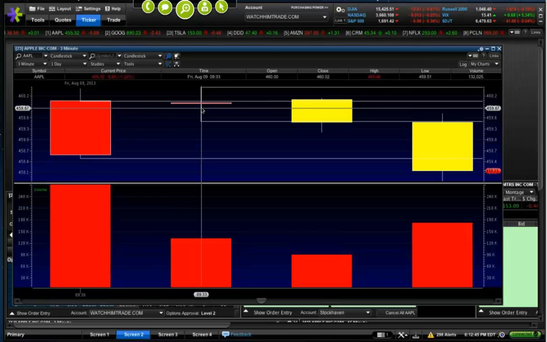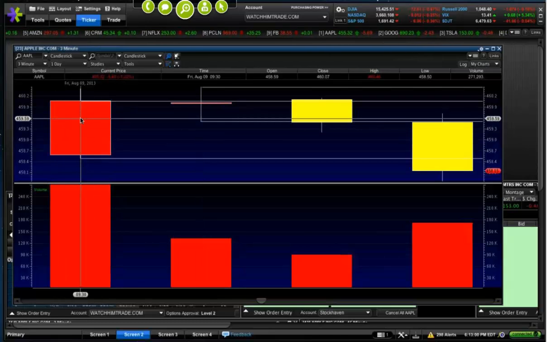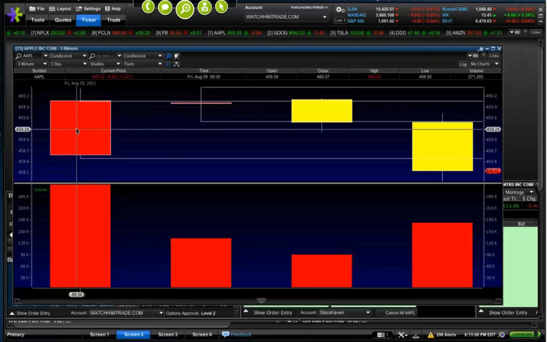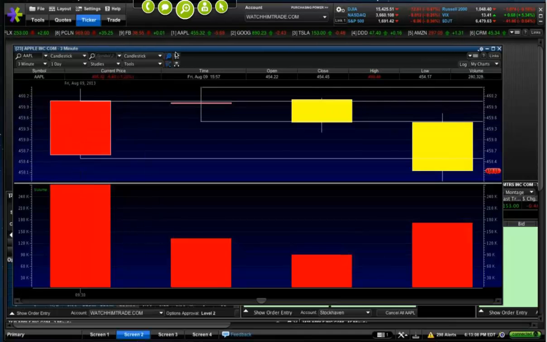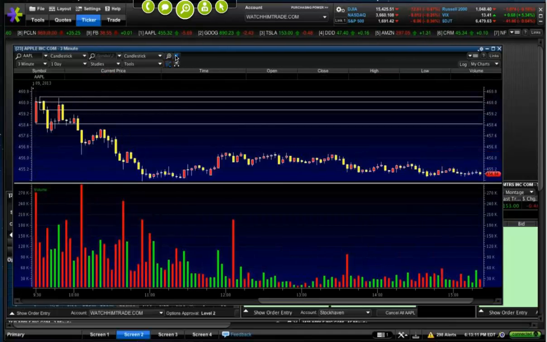I can make the statement, as I'm watching Apple in real time, okay, Apple is a short as long as it stays below the initial 6-minute high and the initial 3-minute high. Only if and when it can get above those highs will I undo my short bias. Let's look at what happened.